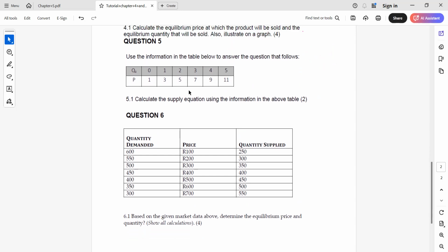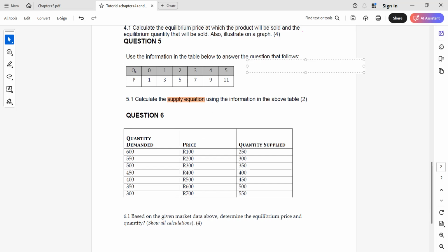So number 5, they're saying calculate the supply equation using the information in the above table. So now you need to calculate the supply equation. The equation we're going to use is this one. This is number 5.1.